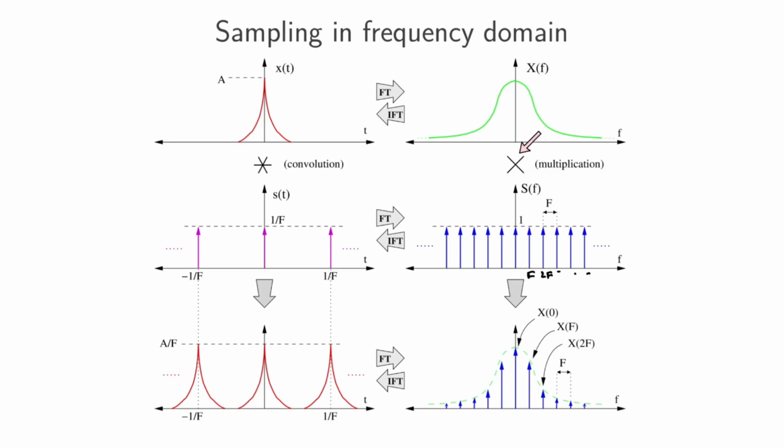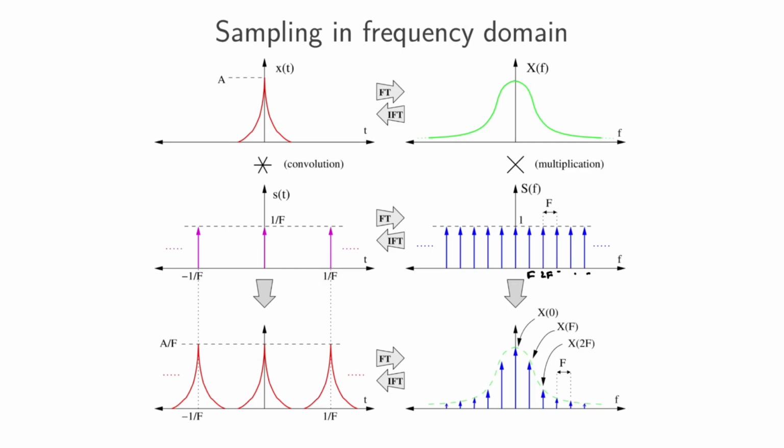Multiplication in the frequency domain corresponds to convolution in the time domain. Everyone with me? An impulse train in the frequency domain corresponds to another impulse train in the time domain. And if these things are separated by capital F, then in the time domain, they are separated by 1 over F, and there's one at 2 over F and 3 over F and so on.